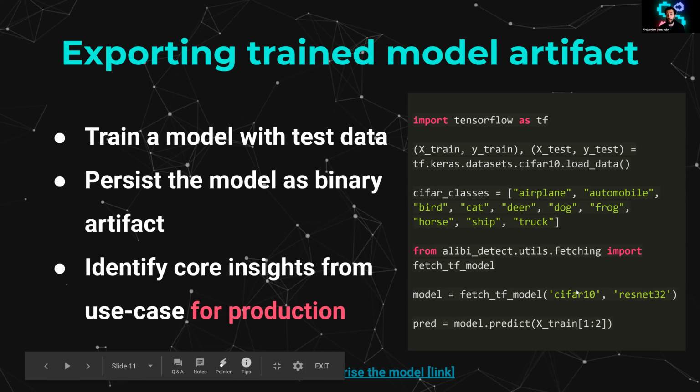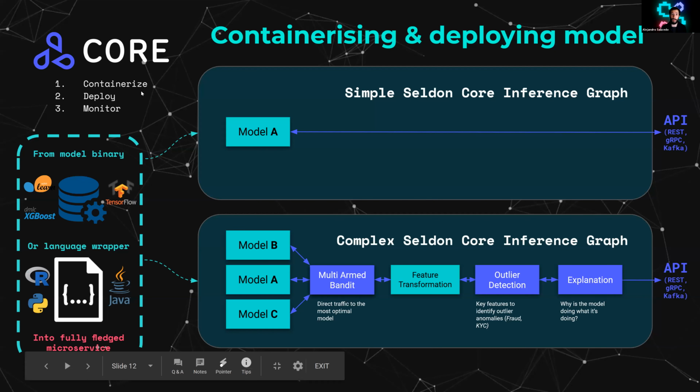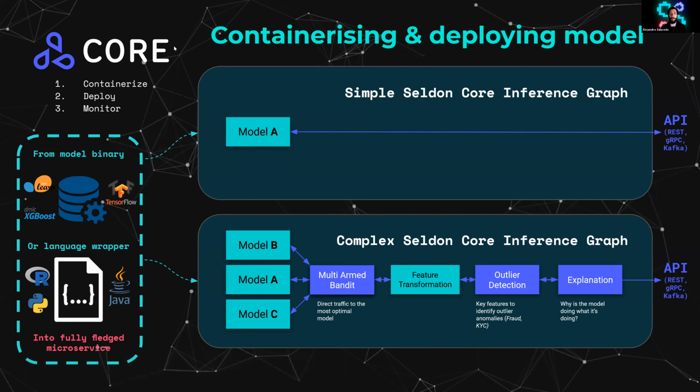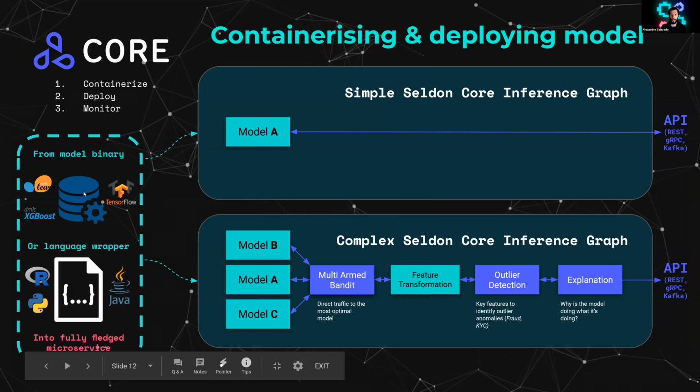Now, how do we turn this local piece of Python into a productionizable component? We're going to be doing this using Seldon Core. Seldon Core is a platform that I mentioned briefly, an open source framework that allows you to convert your Python code or machine learning model binaries, so the pickles, into deployable components. If you were to just take this model and export it as a pickle, that's what we would be able to use.